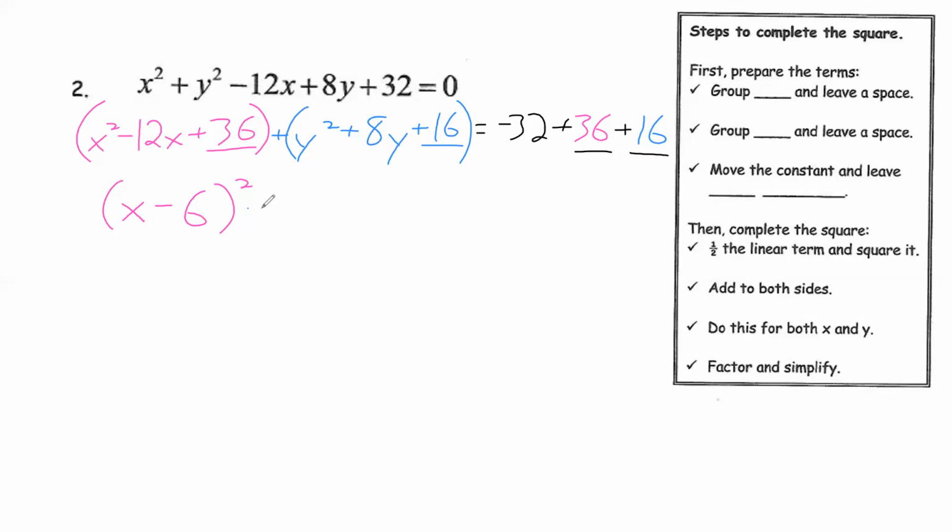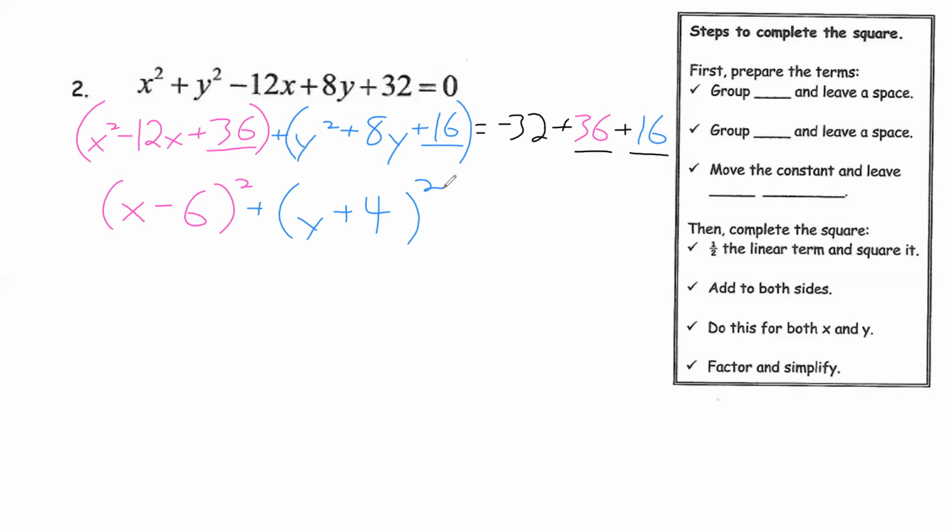All right, same thing for the next one. What 2 values are going in here? y and 4. Square root of the first term is just y, square root of the last term is 4. Sign from the middle is positive.